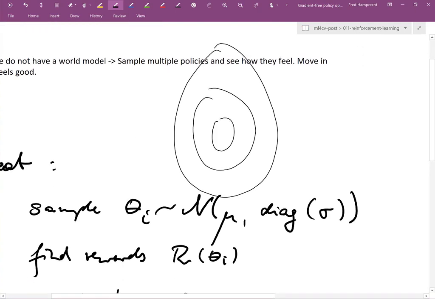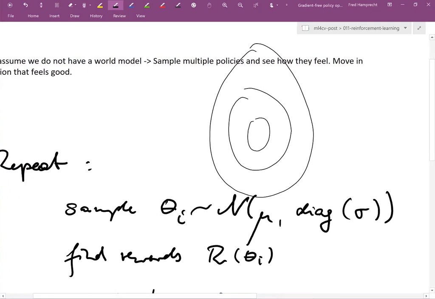So the iso-contours are ellipses where the major axes of these ellipses are parallel to the coordinate axes. And well, in practice, I might have quite a few parameters in the policy. Yeah? So this is really a very harsh approximation to make.